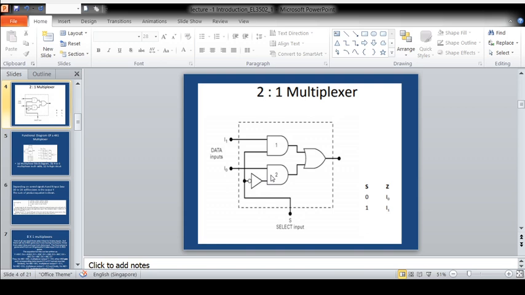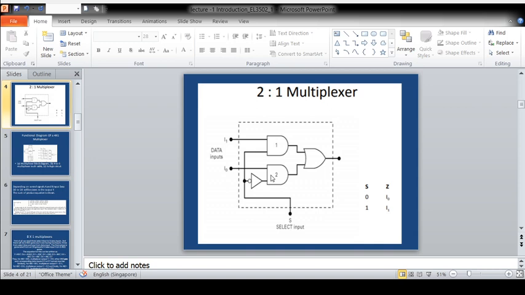This circuit can be prepared using 2 AND gates followed by an OR gate, and 1 NOT gate is required for the select input. The select input is either going to be 0 or 1. If it is 0, then the lower AND gate is enabled, and data I0 will be transferred at the output.